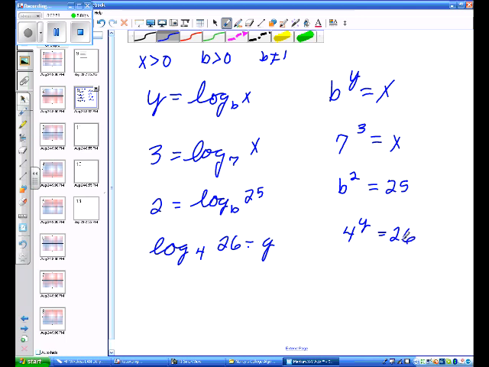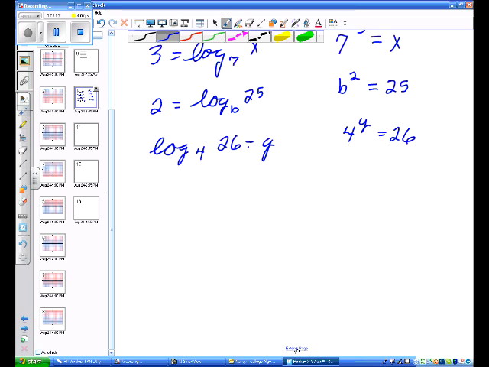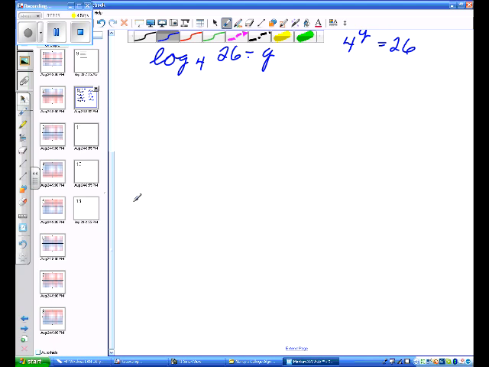Now, you should be able to take something in logarithmic form and write it in exponential form. And you need to be able to take something written in exponential form and write it in logarithmic form. So if we have 2 to the 5th equals x, we want to write this in logarithmic form. Well, 2 is our base, so log base 2 of x, of our number, equals our exponent, equals 5. A logarithm always equals the exponent.